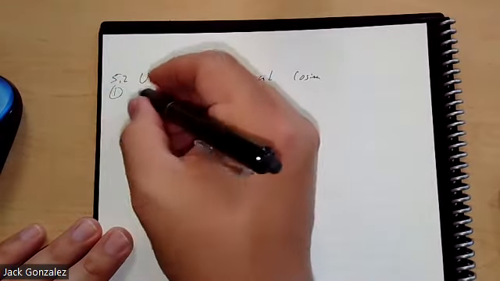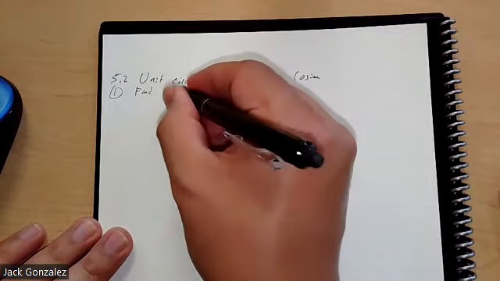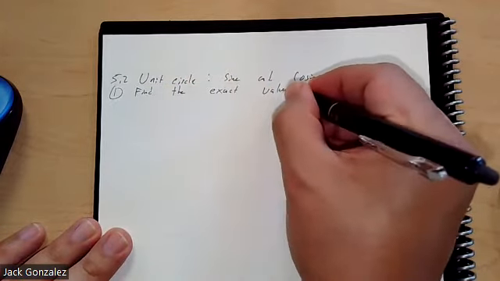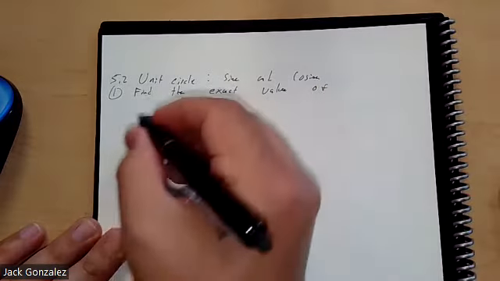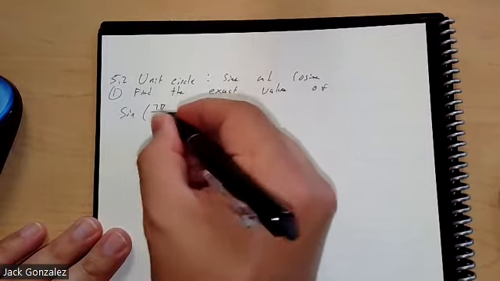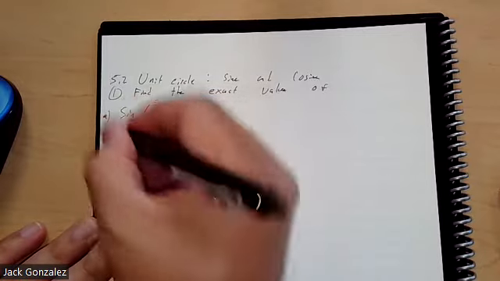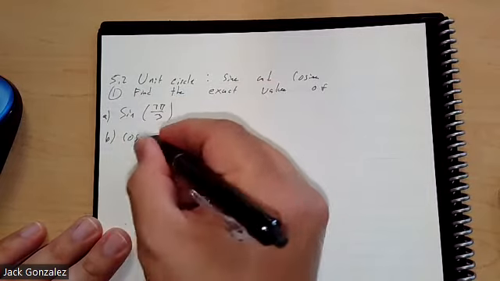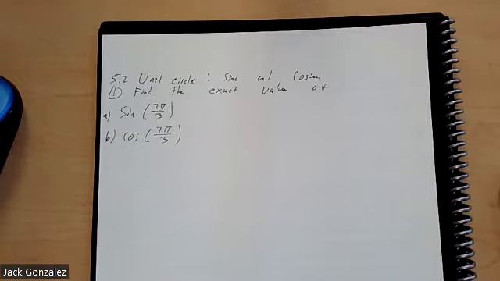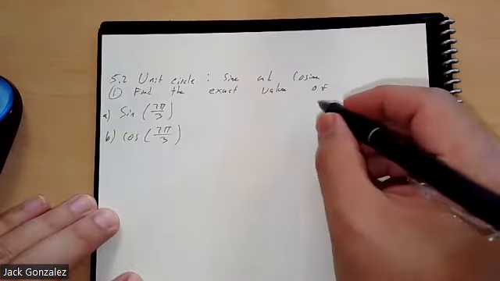So the first thing I want you to do is find the exact value of the following. Sine of 7 pi over 3 and cosine of 7 pi over 3. The 7 pi over 3, that's technically too big. So use the coterminal angle.